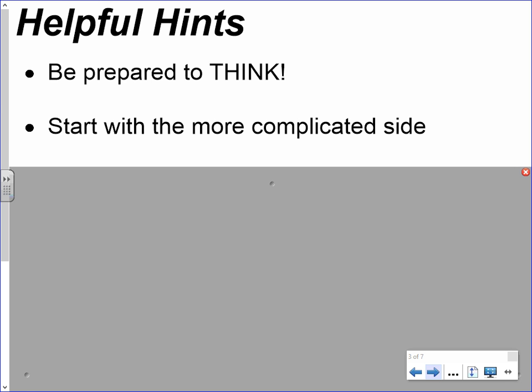Some things that I may suggest. If one side looks more complicated than the other, it may be easier to take the more complicated side and start manipulating it into something simpler. If you only have cosine of x on one side and a big jumbled mess on the other side, it's a lot easier to work with that big jumbled mess.